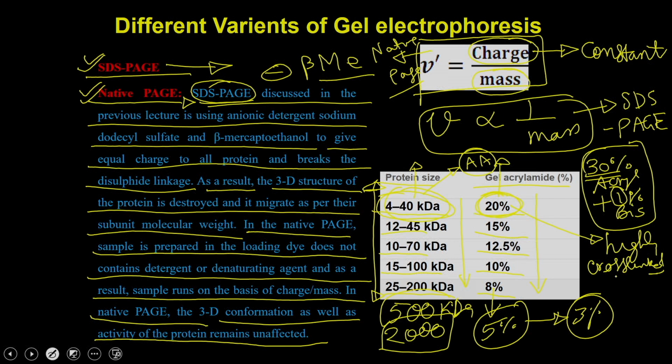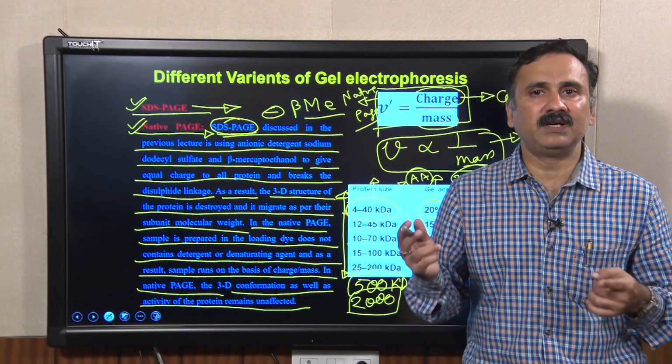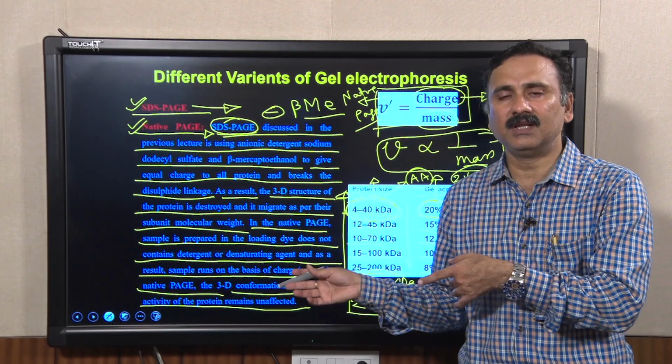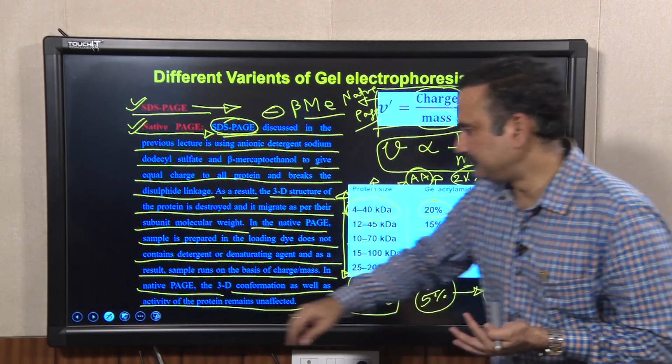So, if you have a very small molecular weight, you can use highly cross-linked gels, where you can use 2% or 3% bisacrylamide. Whereas, if you have a very high molecular weight protein, then you have to use a combination of different gels, which we are going to discuss in a subsequent slide.